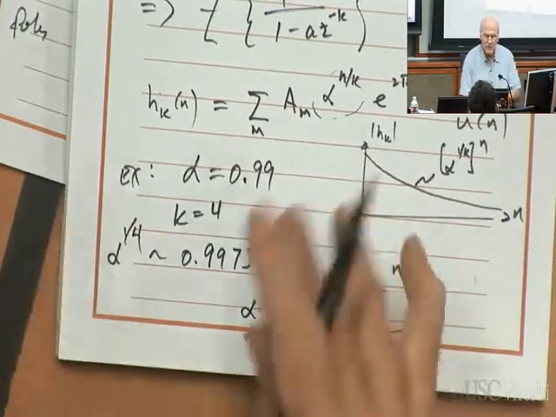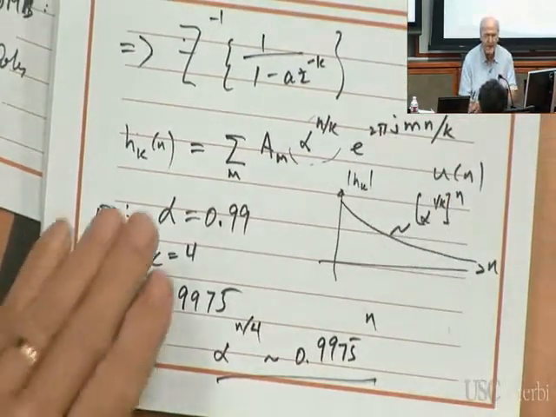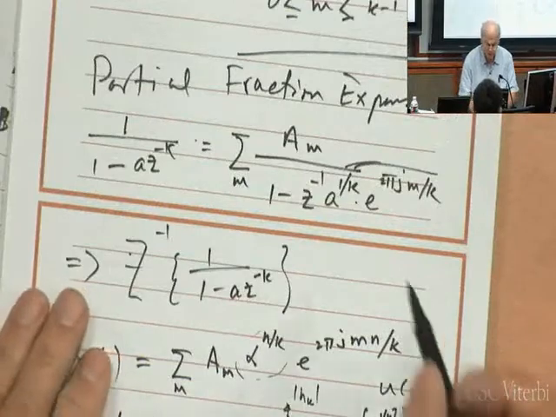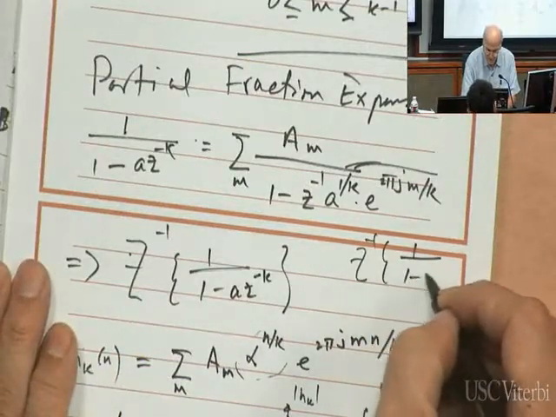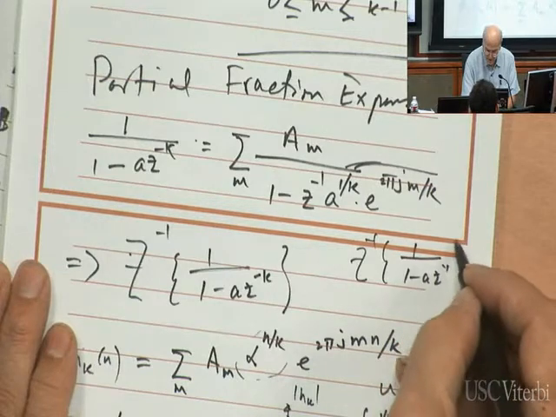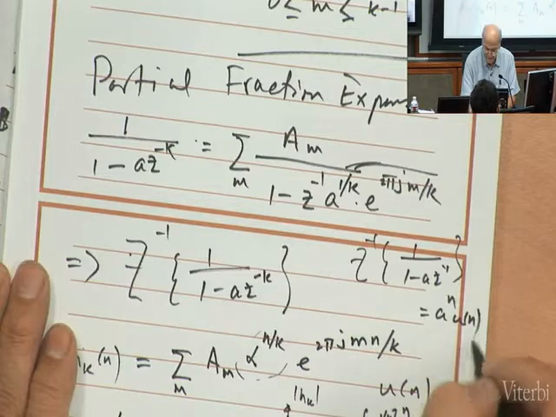So what we've done when we've done this comb filter is, what is the impulse response of the prototype? That's 1 over 1 minus A z inverse. Well, that's just equal to A to the n times u of n, right?